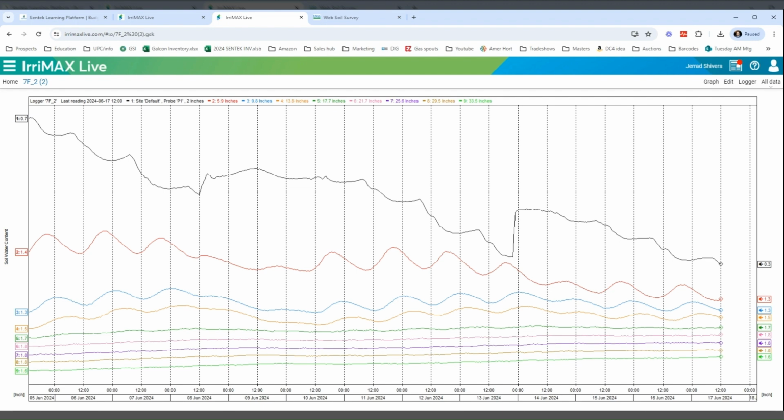Could you truly get 3/4 of an inch out of the top cubic foot of soil? We're going to talk about that. So, where is sensor number one? Sensor number one, with the black line, is at 2 inches. Sensor number two, right down here, is at 5.9 inches. So that's where you are in the soil horizons and the soil profile. Sensor number three is at 9.8 inches.